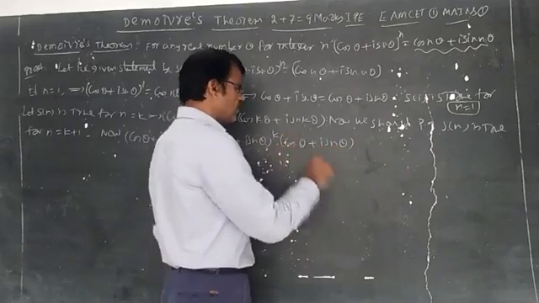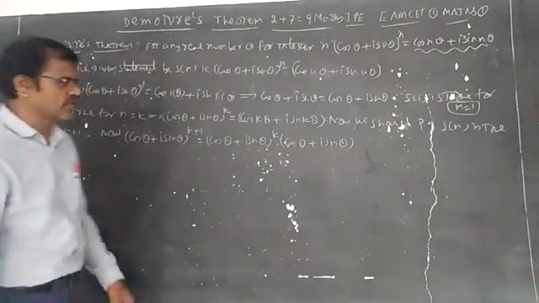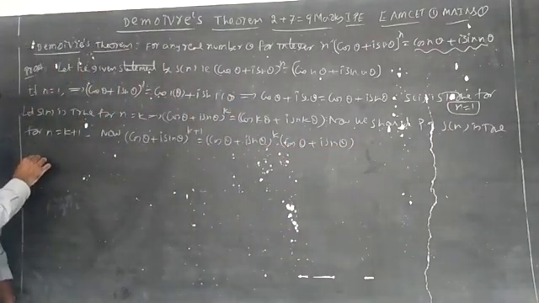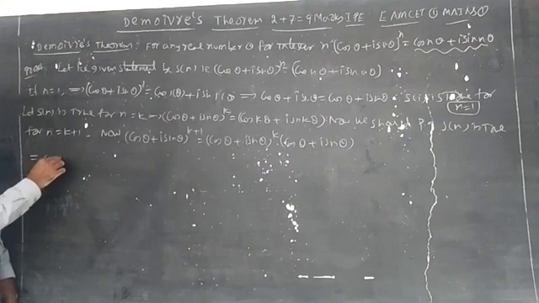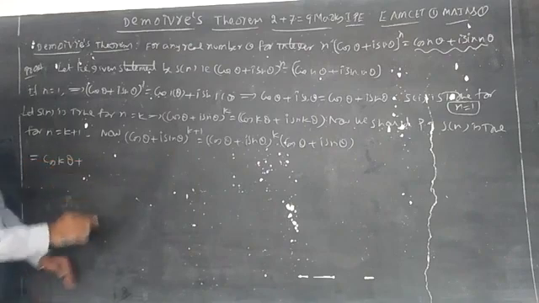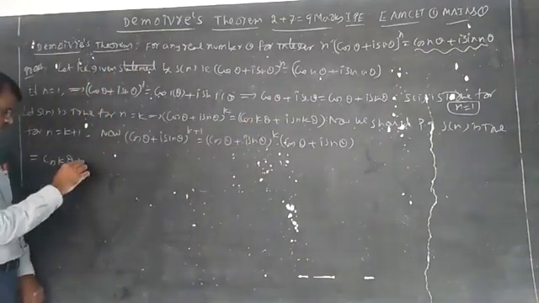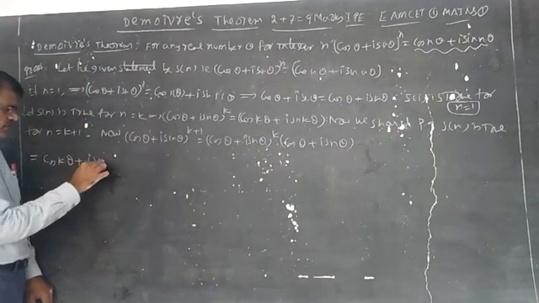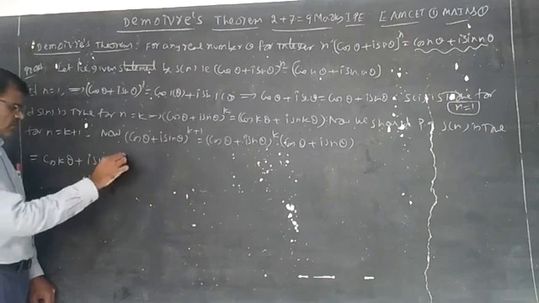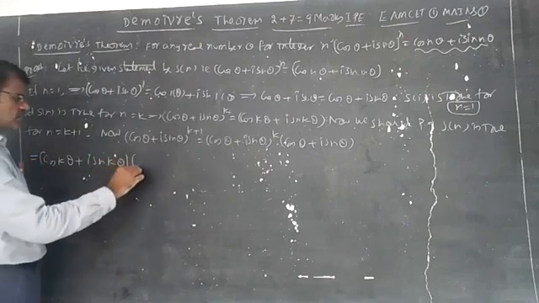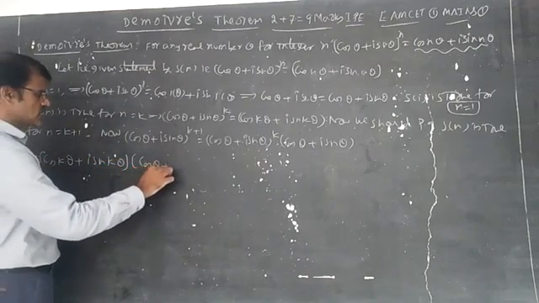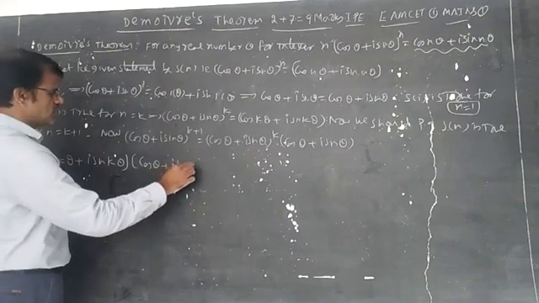I have written it in the form a^(m+n) is equal to a^m times a^n. We already know that (cos theta plus i sin theta)^k is cos k theta plus i sin k theta. So it is (cos k theta plus i sin k theta) into (cos theta plus i sin theta).